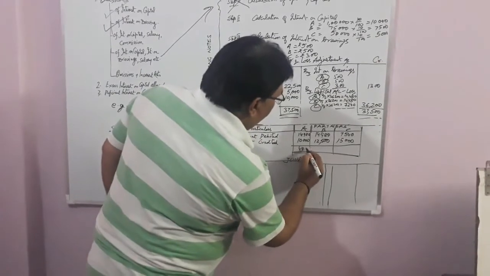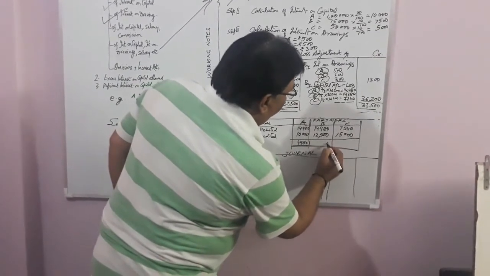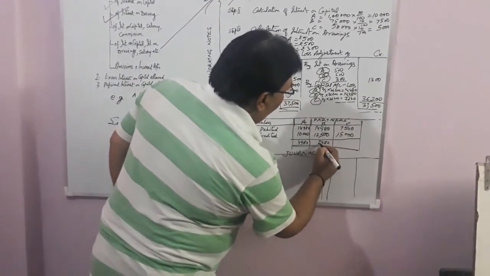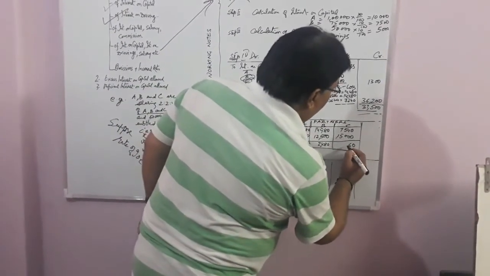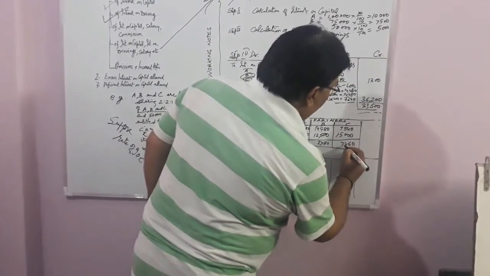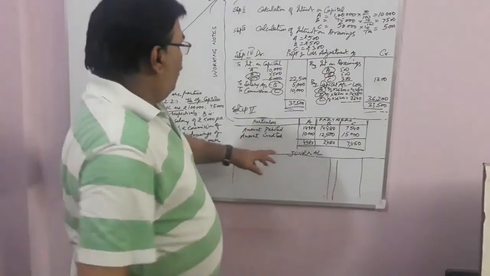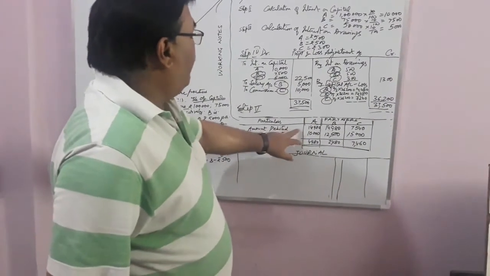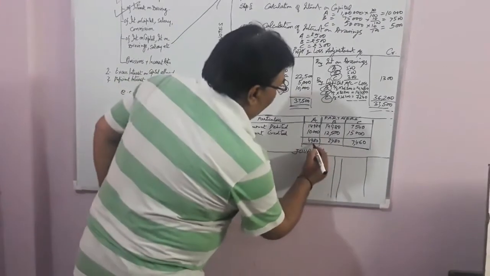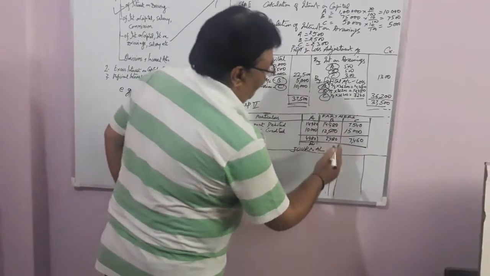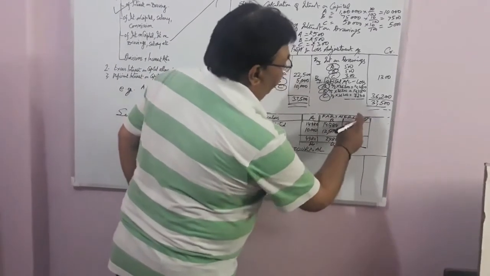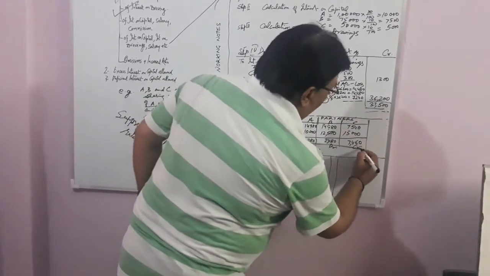The difference is 4,980, the difference is 2,480, and the difference is 7,460. Because for A, debit is more, I will write down debit against it. For B, again debit is more, and for C, credit is more, so I will write down credit.